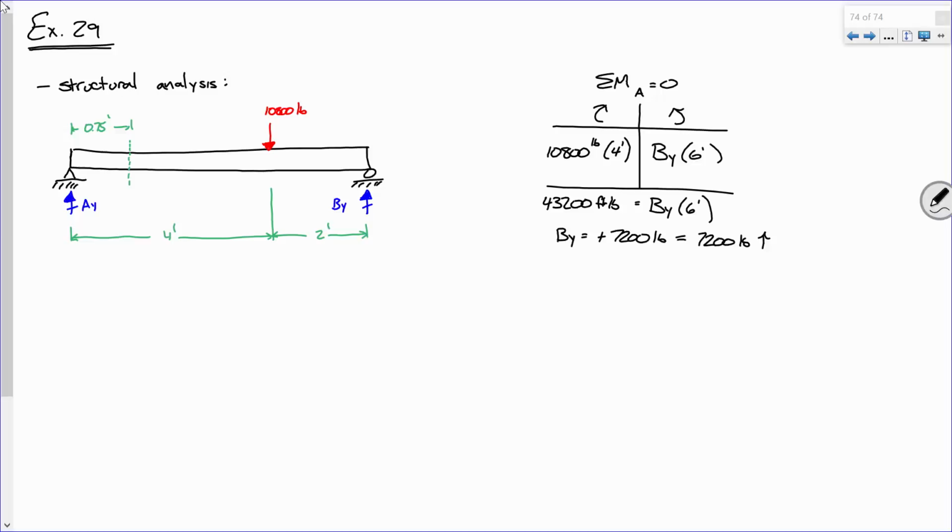What's next? I mean, we're going to take this one, one step at a time. Some forces in the y direction. What do we got? AY going up, and that is 7,200.